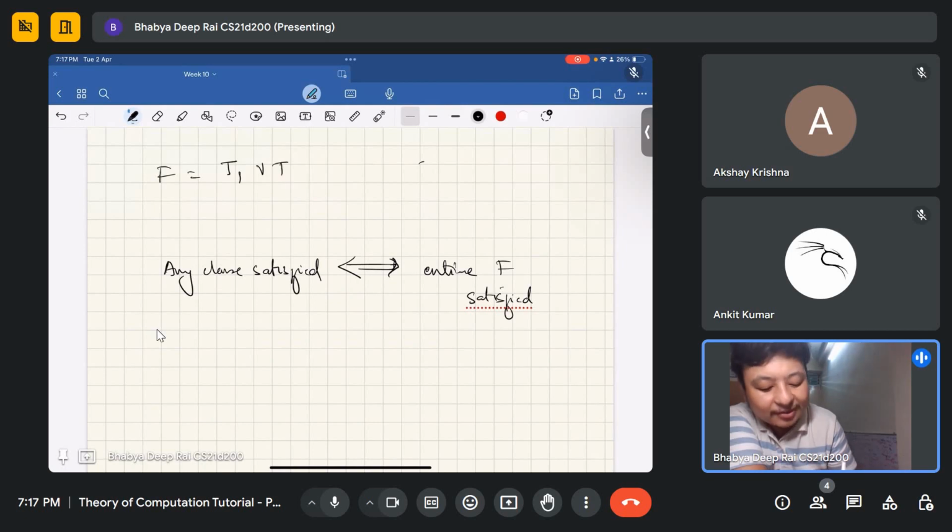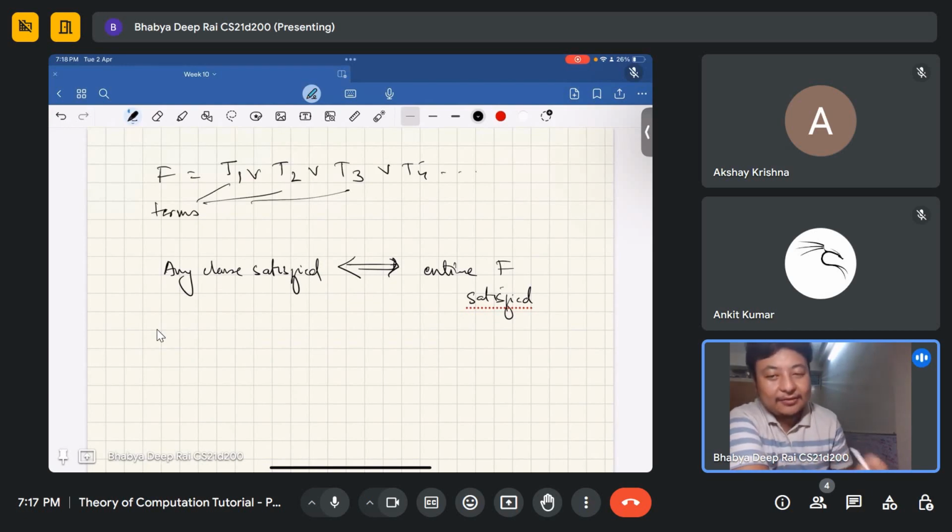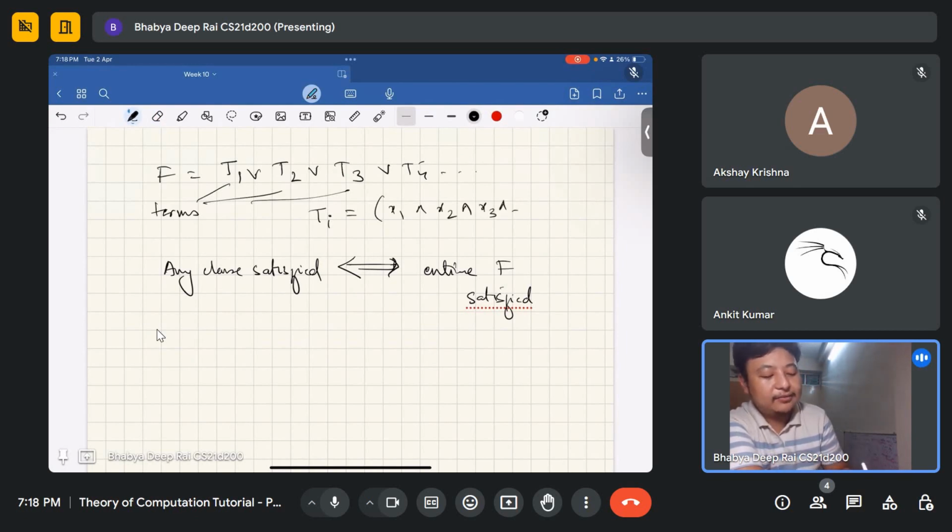These are called terms, not clauses. Each term is of the form x1 and x2 and x3 and so on.